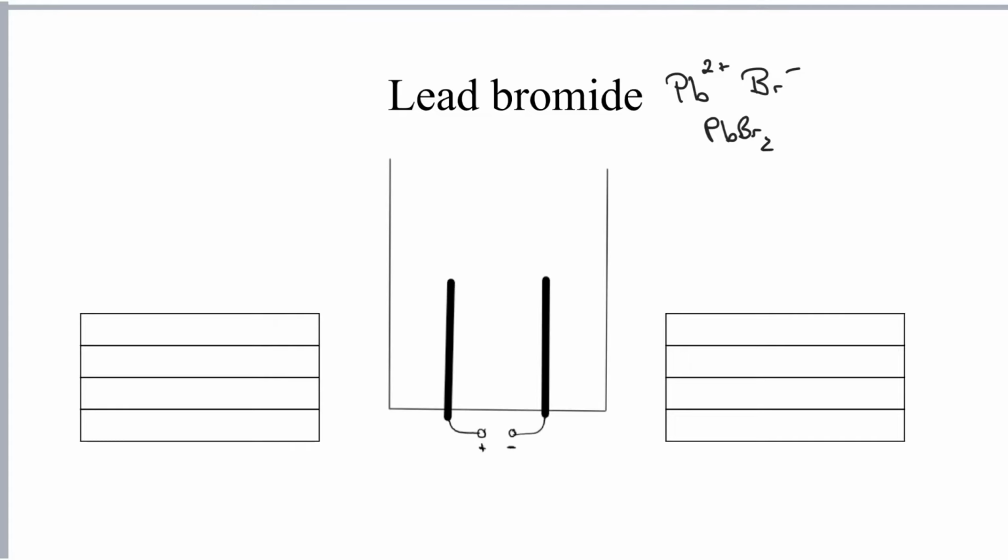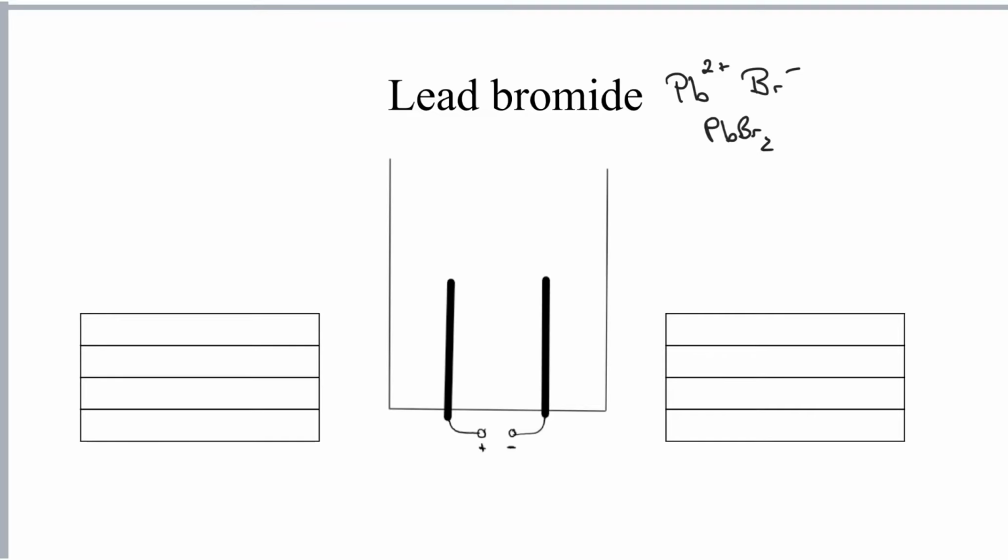Now, when you heat this up, the ions are free to move once the lead bromide's melted. And at that point, you'll see a few things happening. Number one, if there's a bulb as part of the circuit, it'll light up for sure. And number two, you will see a silvery coloured liquid forming at one of the electrodes, and you'll see a brown gas forming at the other.